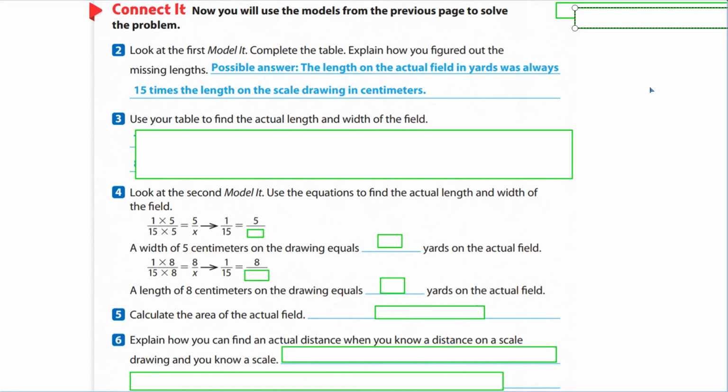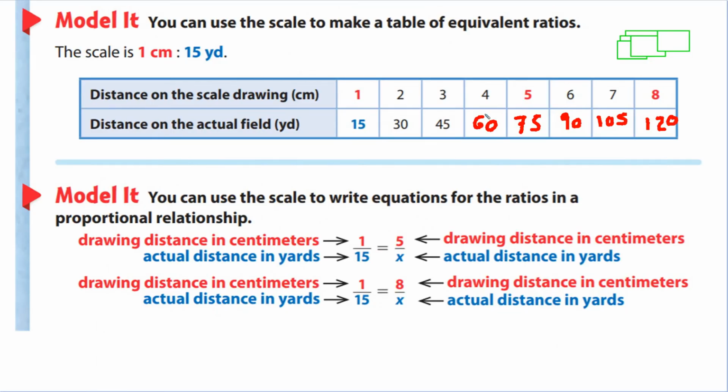Okay? Use your table to find the actual length and width of the field. What they did with this table, if you look, they made sure that 1, 5, and 8 are all red. This was the given info. This is what they were looking for. So obviously the answer is 75 yards.